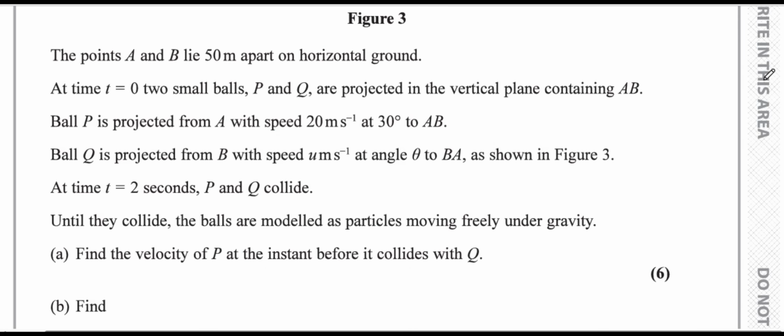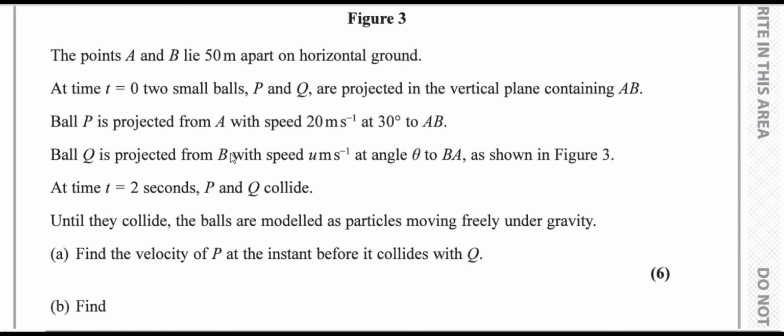And ball Q is projected from B with a speed u meters per second at angle theta to BA as shown in figure. At time t is equal to 2 seconds, P and Q collide. Until they collide, the balls are modeled as particles moving freely under gravity. Question. Find the velocity of P at the instant before it collides with Q.